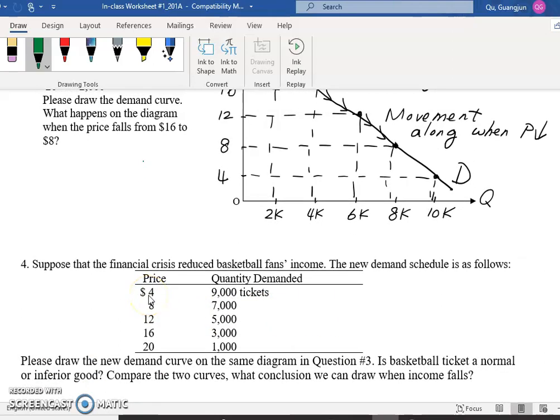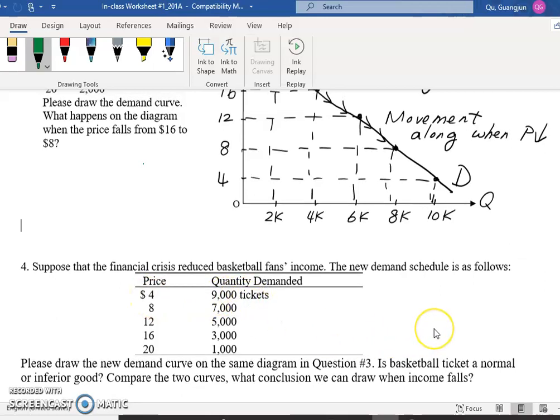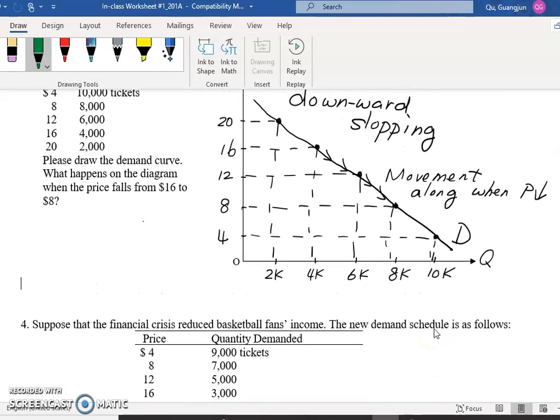When the price is $4 per ticket, the quantity demanded becomes 9,000. So if we put that on the graph, we will find that the new combination between the price and the quantity is going to be here, right? 9,000. It's the midpoint between 8,000 and 10,000.